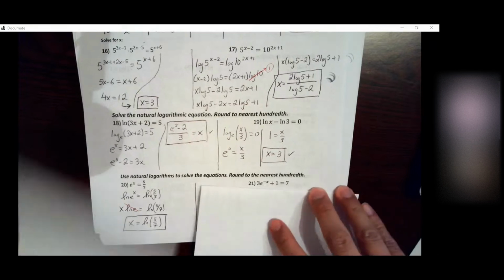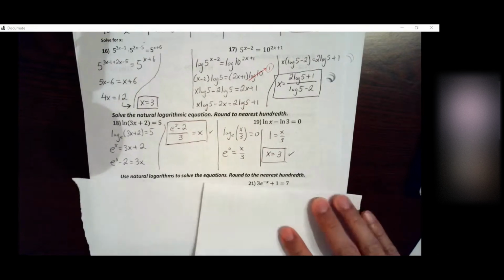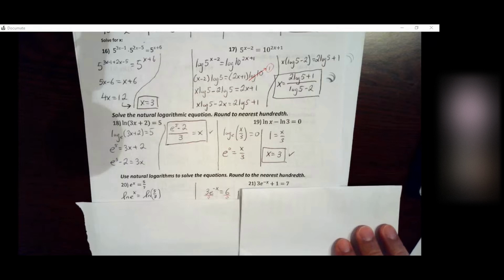So this one I subtracted the 1 from each side, and then I got 3e to the negative x equals 6, and then I divided 3 from each side, and I got e to the negative x equals 2. So x equals negative 2?